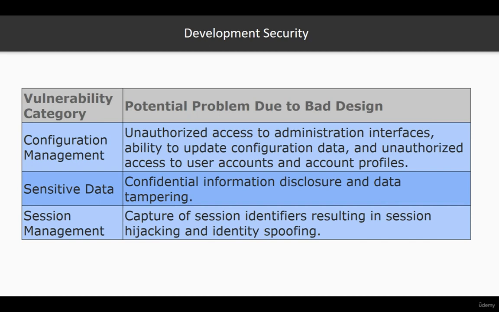That's a fundamental that we need to make sure is designed as part of our web application development. Sensitive data. We need to be careful with sensitive data disclosure and tampering. If we don't have enough controls on the sensitive data, let's say personal data, that sensitive data might be exposed to the public, or to people who are not authorized.